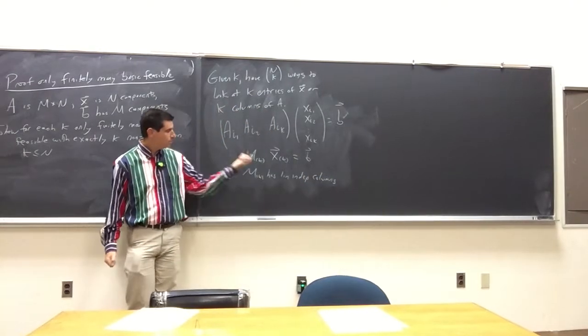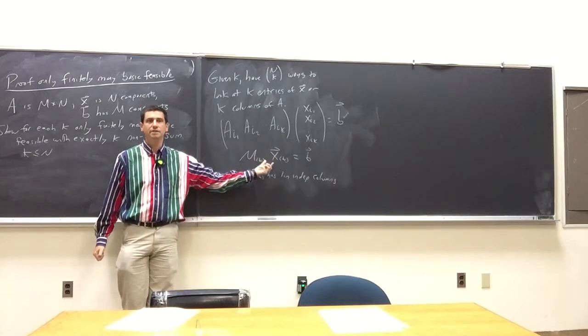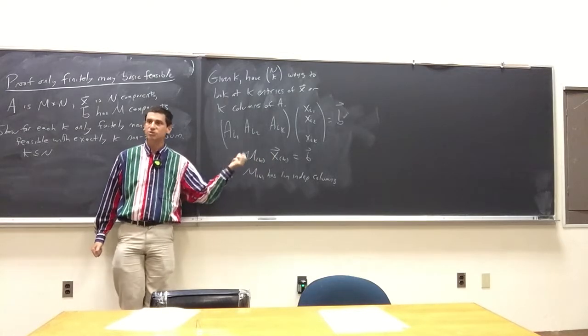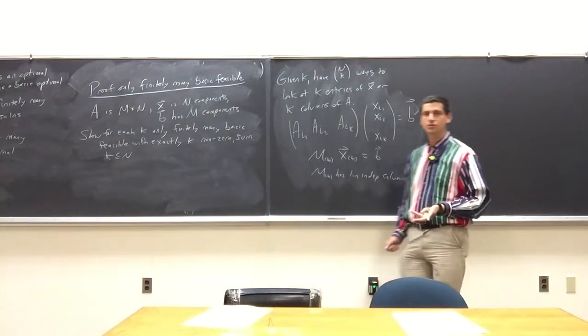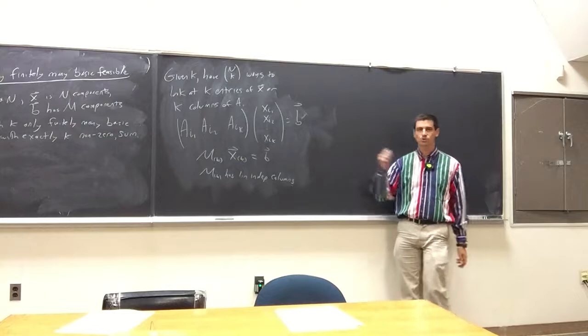So the question is, is it possible that we could have infinitely many solutions to this? Remember, in matrix equations, you either have 0, 1, or infinitely many solutions. All we have to do is show that there's not infinitely many solutions to this.